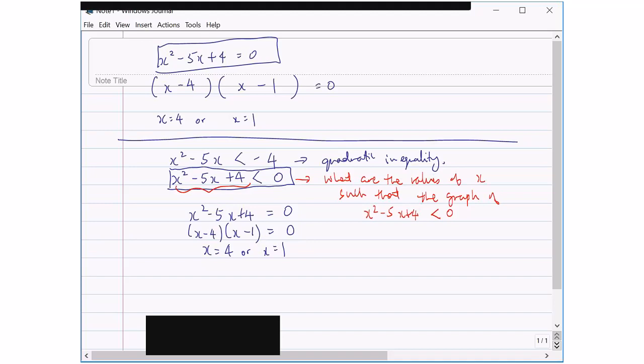So I repeat, the question is asking me to find the values of x that allow the graph of x squared minus 5x plus 4 to be always less than 0. So this is the question we're trying to solve for. Okay?